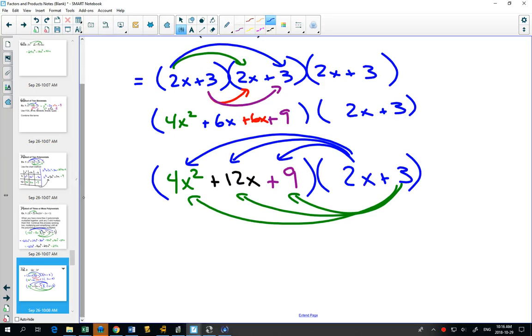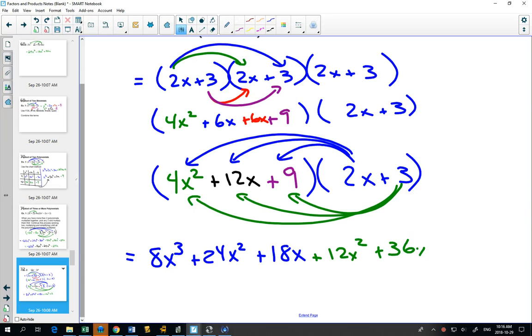perfectly fine. Your answer becomes, do my blue ones, I'm going to get 8x cubed plus 24x squared plus 18x. Those are my blue arrows. And my green arrows, plus 12x squared plus 36x plus 27.